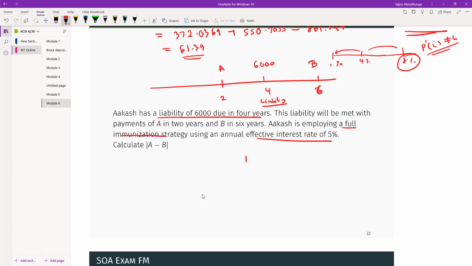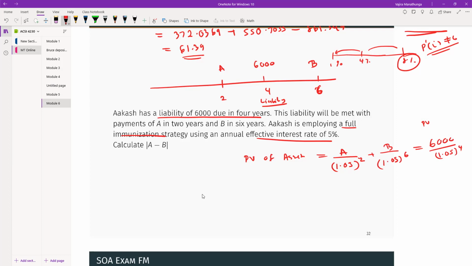So basically, the present value of assets is A divided by 1.05 squared plus B divided by 1.05 to the 6 equals the present value of the liability, which is 6,000 divided by 1.05 to the 4.